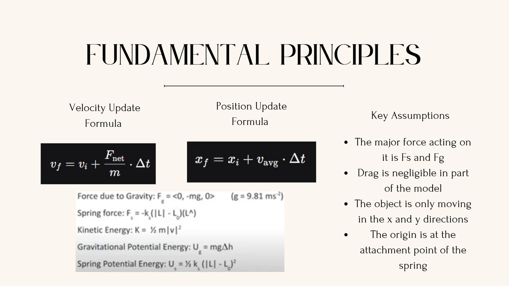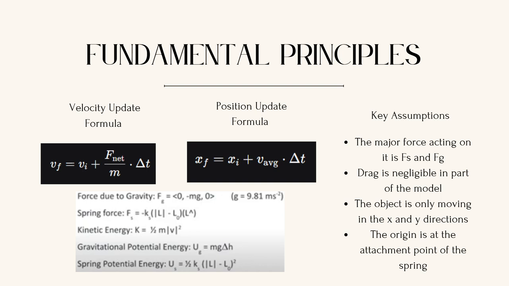The spring force is Fs equals negative ks times L minus L naught times L hat. The kinetic energy is 1/2 mv squared. The gravitational potential energy is mg delta h, or delta y. The spring potential energy is 1/2 ks times the absolute value of L minus L naught, squared.